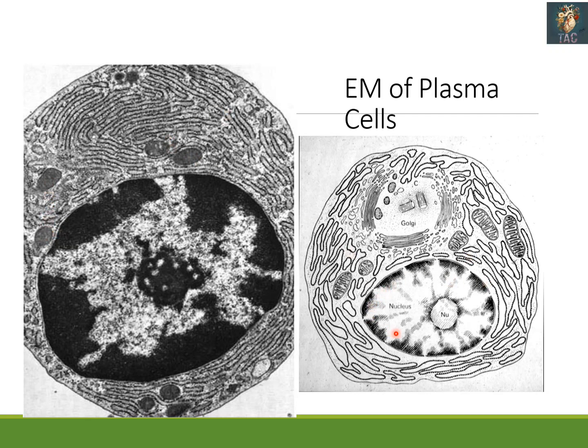Again, you can appreciate in this area the cartwheel appearance of the nucleus, and the nucleolus is also present. These are the Golgi apparatus, the mitochondria, and a large number of rough endoplasmic reticulum. So this is the electron microscopic picture of plasma cells, and these cells are responsible for secretion of antibodies.